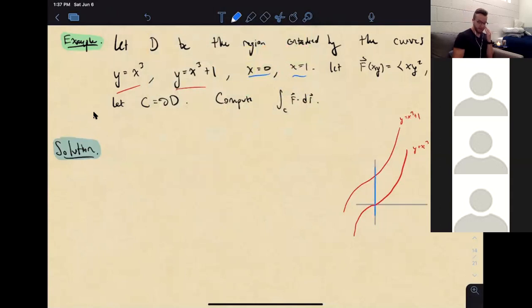X equals 0 is the y-axis, and then how accurate do I want to be here? I may as well be accurate. So something like that. It's a little bendy, but actually, no, that's pretty straight. That's x equals 1. Sort of.